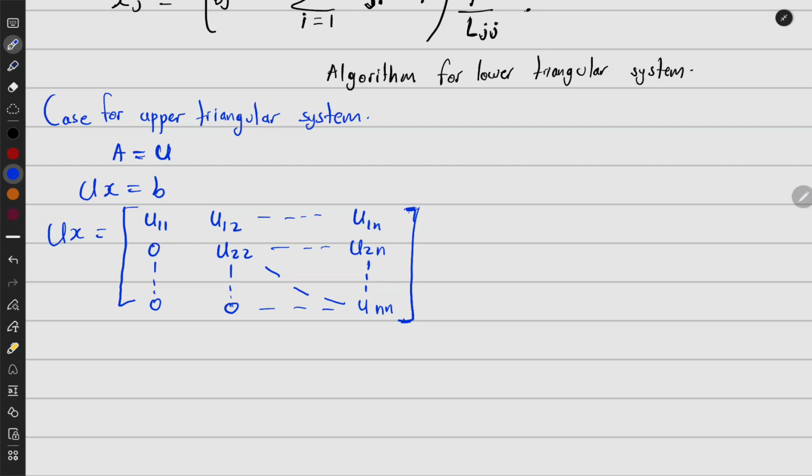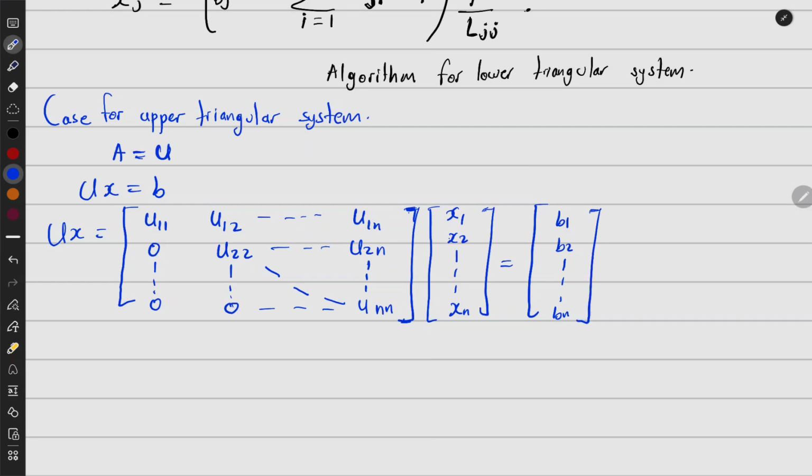Something like that. Everything that is below the diagonal is going to be a 0. The ones up we're okay with them, but the ones below the diagonal are going to be zeros. So this is times x. So this can be x1, x2, this goes up to xn, and it's still the same as b1, b2, up to bn. So what do you get?